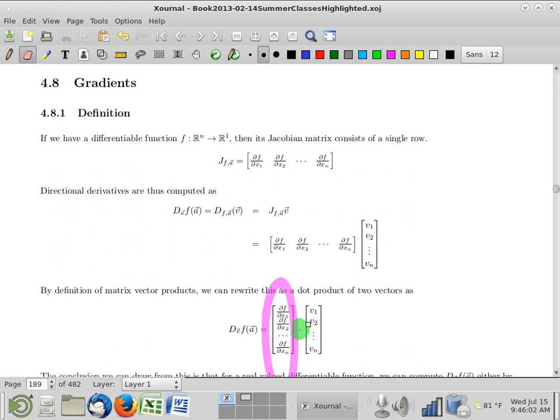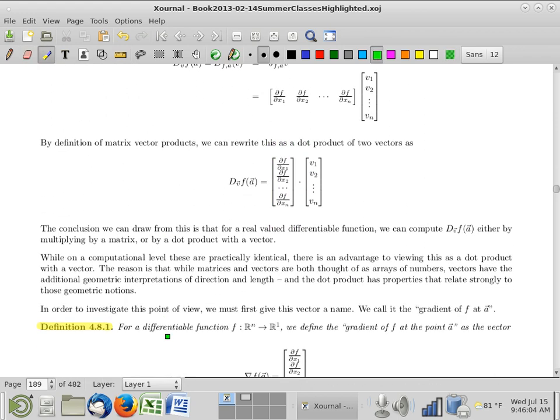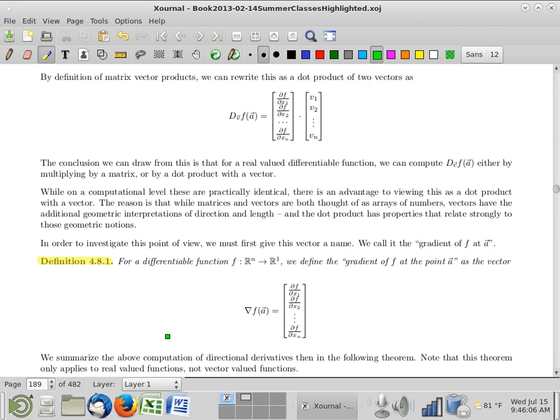Okay. It's going to turn out, along those lines, that this vector will be an important object of study, thought of as a vector. We call it the gradient vector of the function in question, evaluated at that point A. So again, it's just a different way to write down the Jacobian matrix.